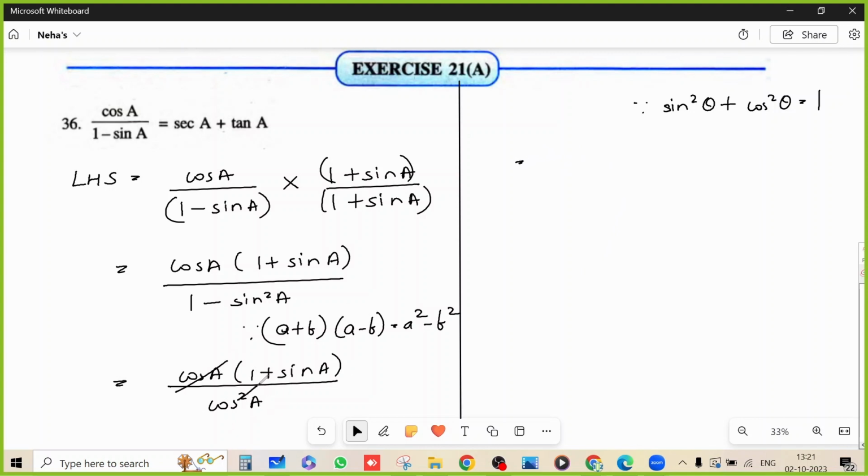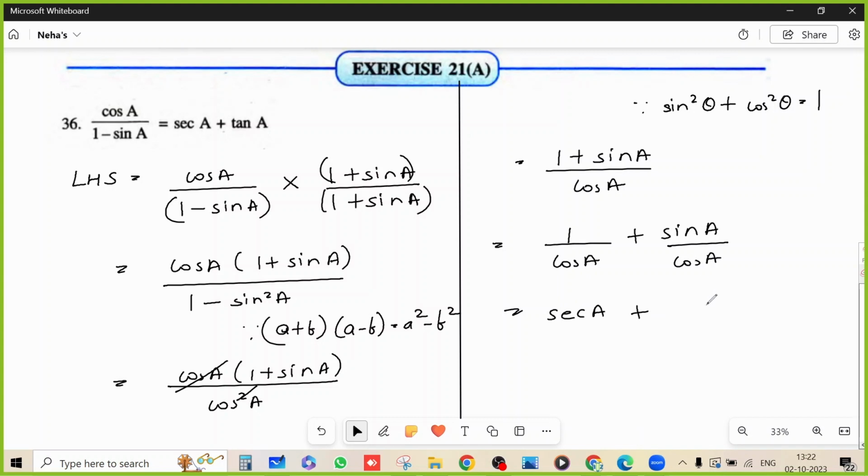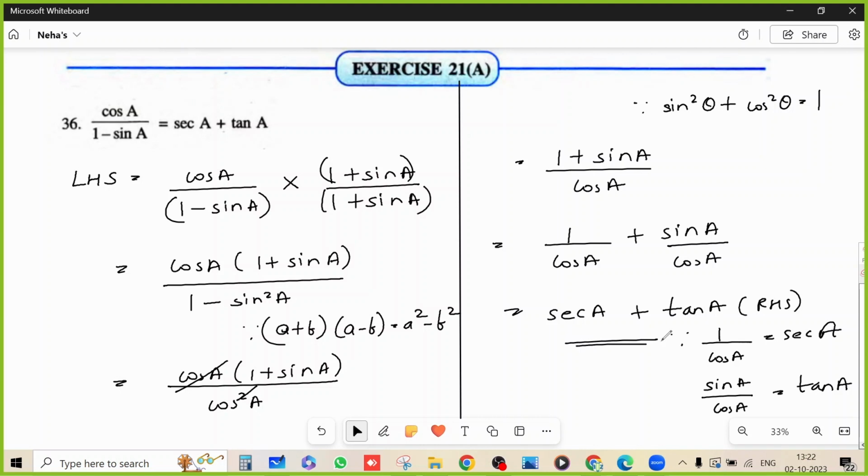We will cancel out cos A, so we are left with 1 plus sin A divided by cos A. Now we will write it as 1 divided by cos A plus sin A divided by cos A. 1 by cos A is equal to sec A, and sin A by cos A is equal to tan A. This is by the relation that 1 by cos A is equal to sec A, and sin A divided by cos A is equal to tan A. The answer that we have received here is equal to the RHS, and hence this is proved.